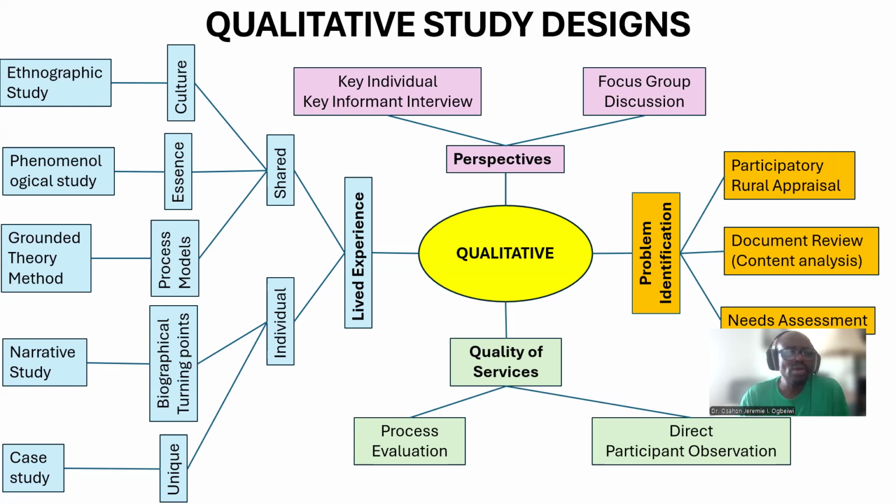For example, the grounded theory study method: how the people live, how they do their things, how they follow whatever is their experience, particularly when you are trying to relate what caused a particular problem, and you try to build up a theory from what they felt caused their problem to the outcome that you can now observe.